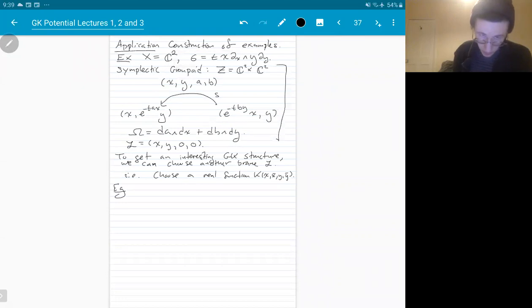So here's one choice, which looks a little bit perverse. Here, this Li is the dilogarithm function.